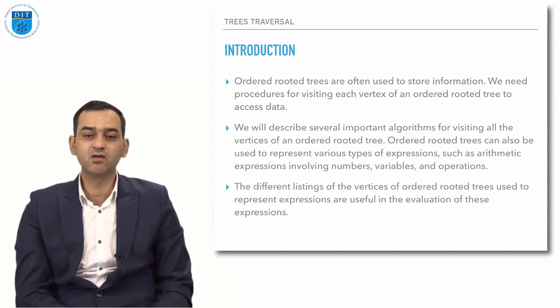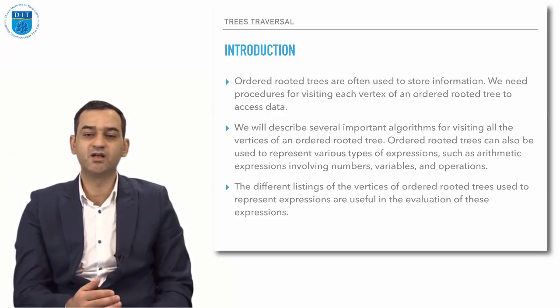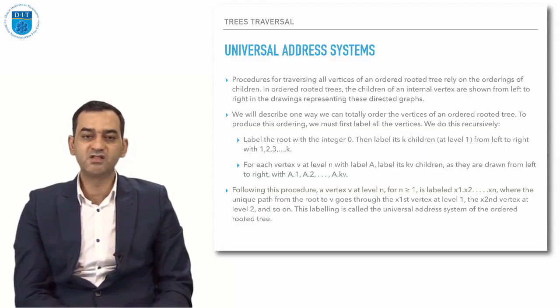The different listings of the vertices of ordered rooted trees used to represent expressions are useful in the evaluation of these expressions. Procedures for traversing all vertices of an ordered rooted tree rely on the orderings of the children.